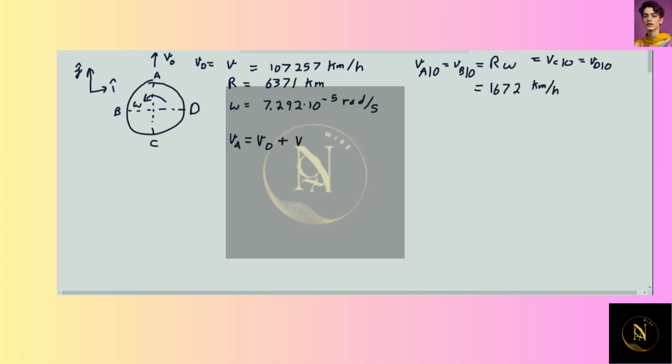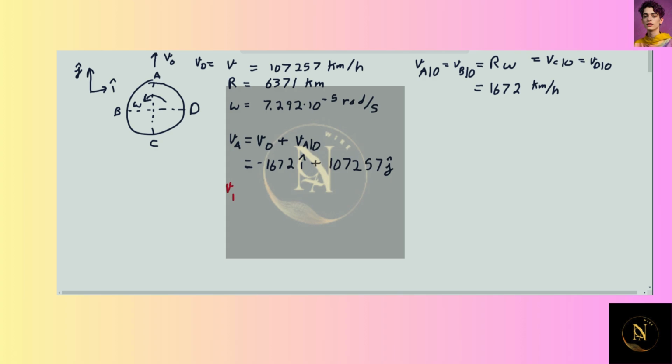Then we have to add in V of A with respect to the origin, which in this case will be to the left, so that's the negative i hat direction. So in other words, VA is simply going to be negative 1672 i hat, plus the 107,257 kilometers per hour in the j hat direction.